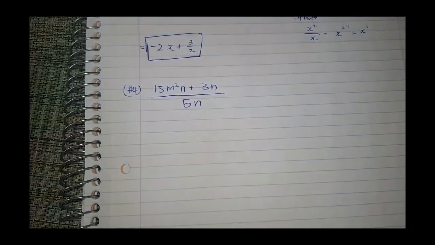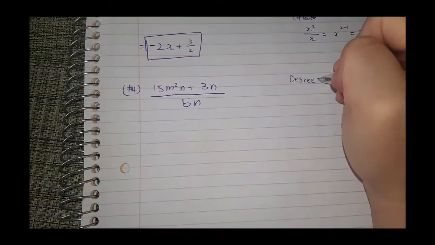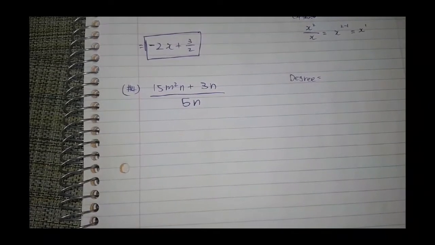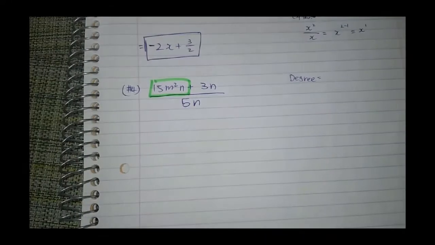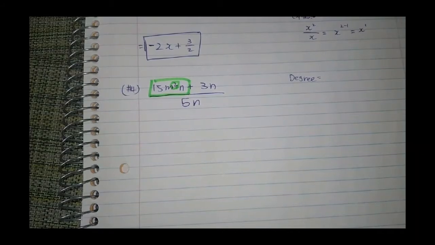Before we get into it, I think this is a good point to think about the degree of each term. If you guys remember, when it comes to something that is squared and cubed, they generally give you how many degrees that is. A lot of people think if you have, let's say, 15m squared over n, people tend to just focus on the exponent that is highest and then say this is degree 2.